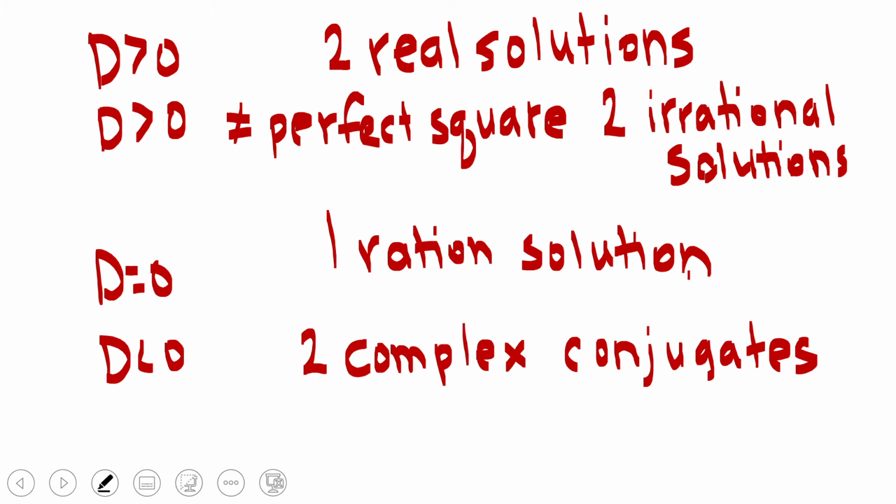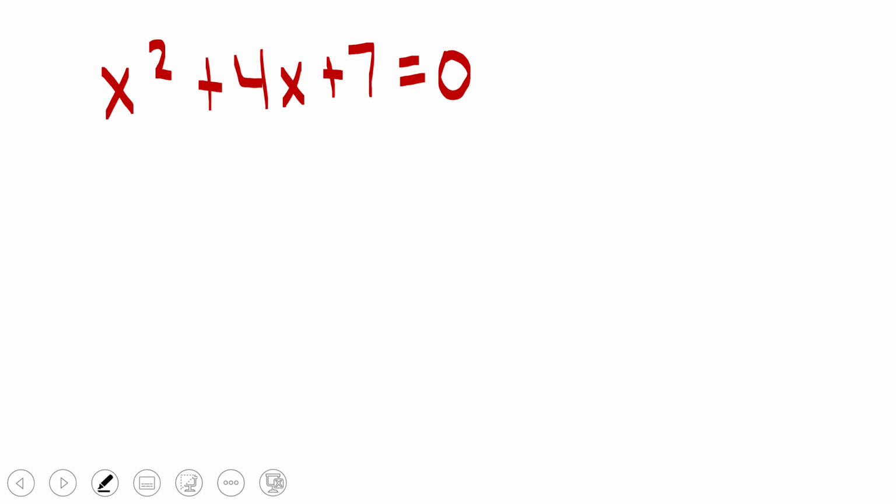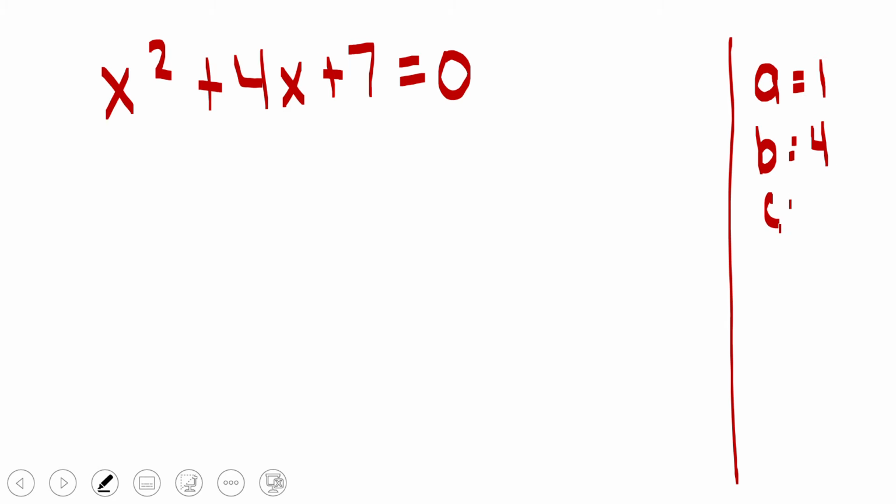So let's look at some examples. If we have x squared plus 4x plus 7, and that's equal to 0, and we are working with our coefficients a, b, and c, a equals 1, b equals 4, and c equals 7.